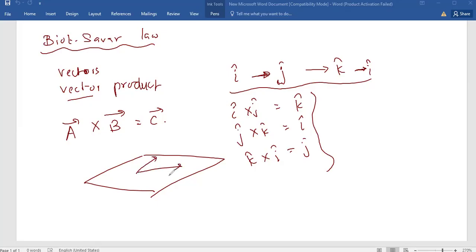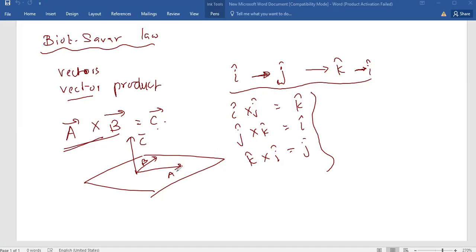So let's say we have A and B vectors, then C vector will be perpendicular to the plane they form, as per the right hand rule.